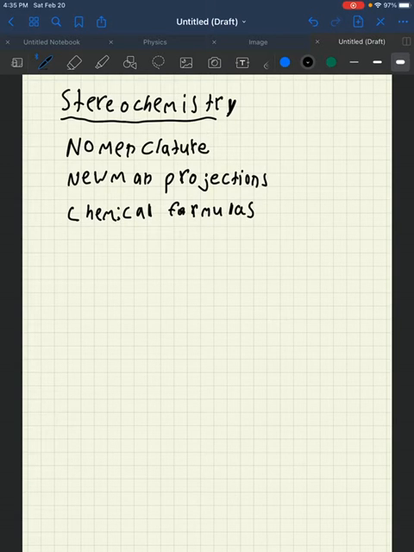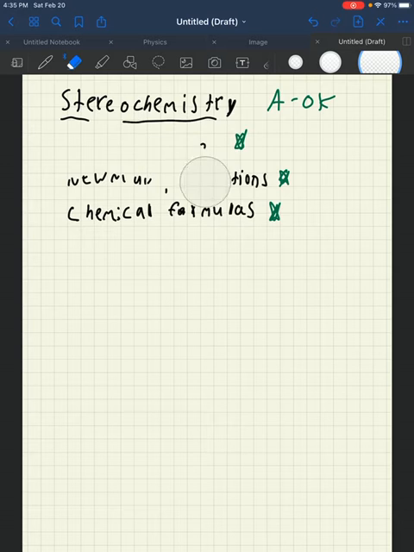So if you have these three skills, you'll be A-okay for stereochemistry. So let's begin.